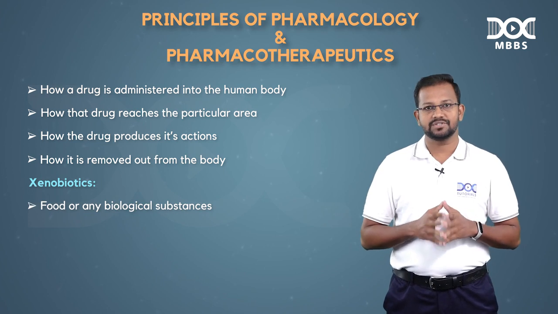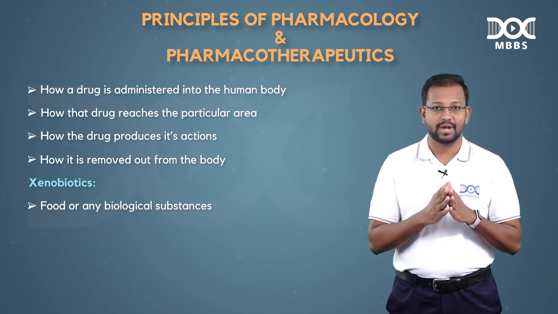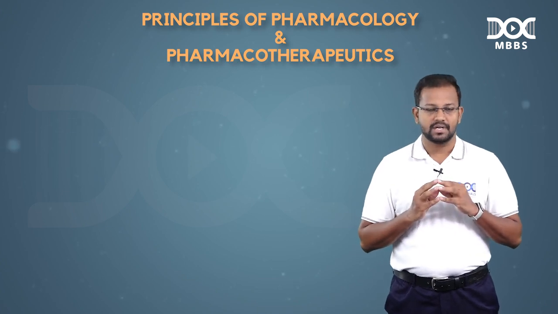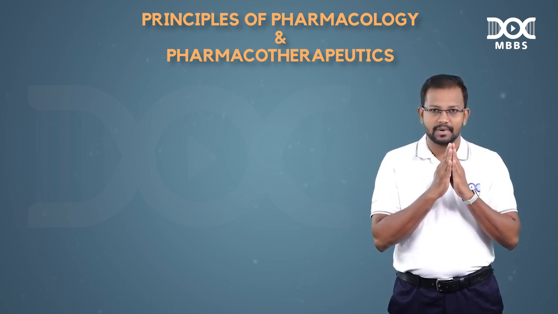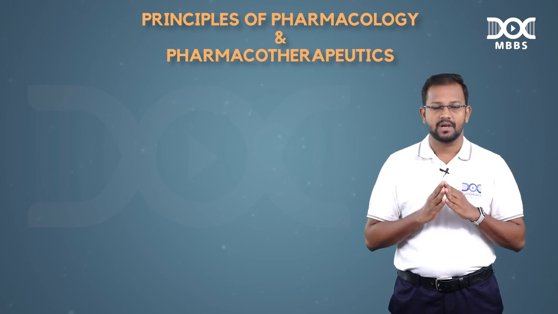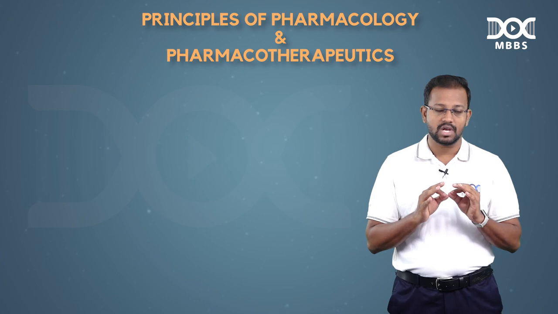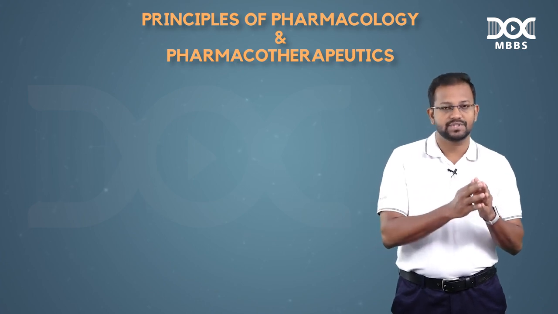So what exactly is general pharmacology and why do we have to have knowledge of the basics? See guys, if a clinician has to treat a particular condition of a patient, he has to choose the most appropriate dose that most closely achieves his goal.